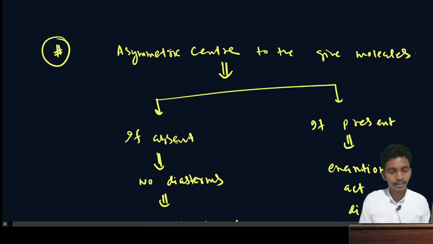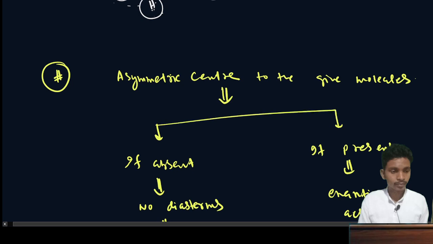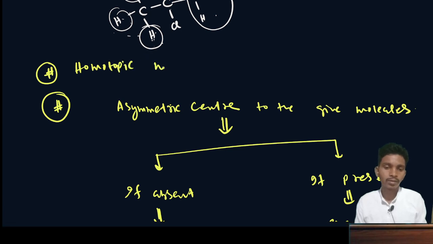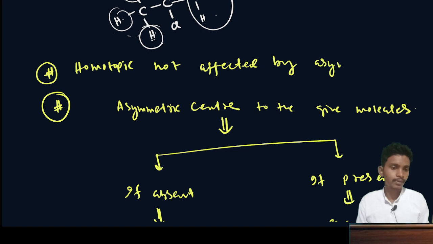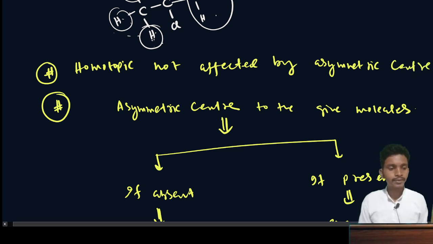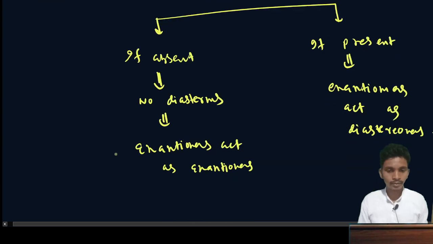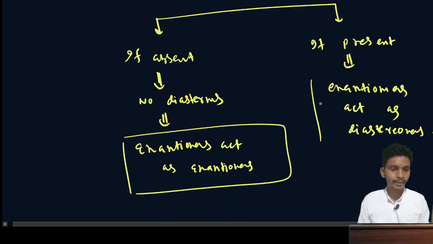And if it is absent, but above that point you will write homotopic, not affected by the asymmetric center. Only enantiomers will get affected by the asymmetric center. Okay, only enantiomers will get affected.